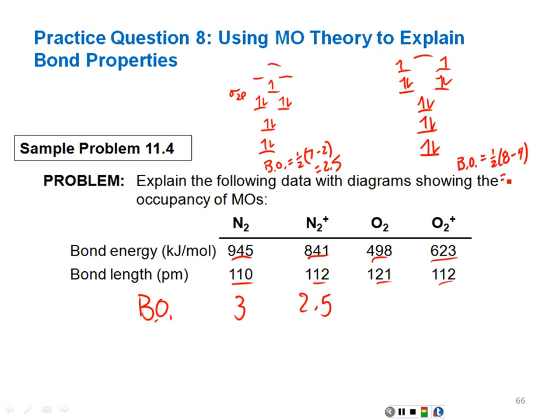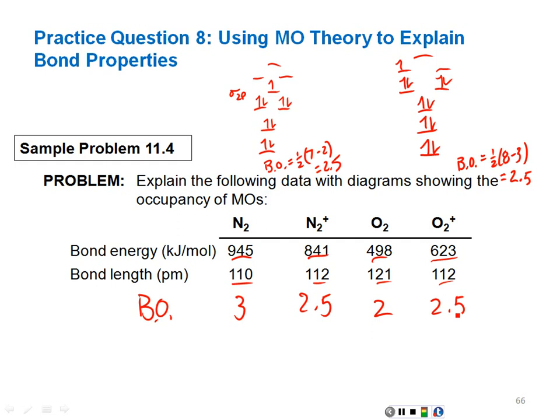So that would be a bond order of 2. Now for O2 plus, we remove 1 electron, but that's coming out of an anti-bonding orbital. So that becomes 8 minus 3, and the bond order then is 2.5.